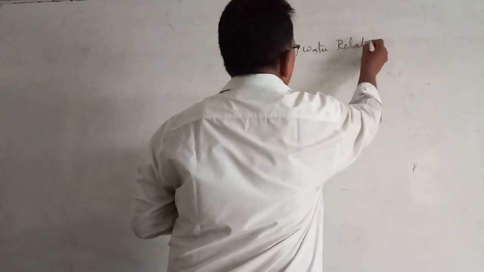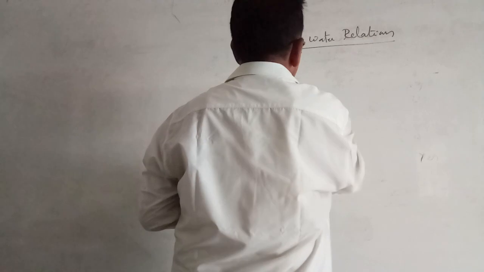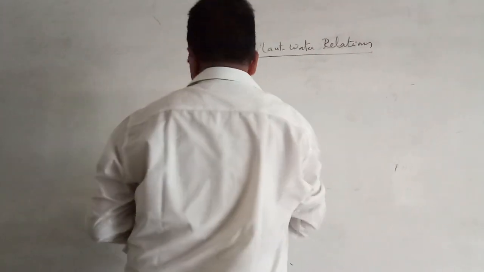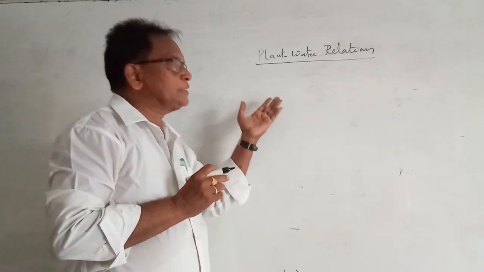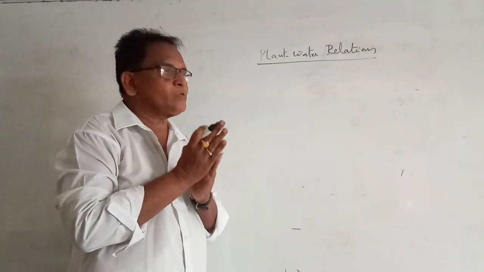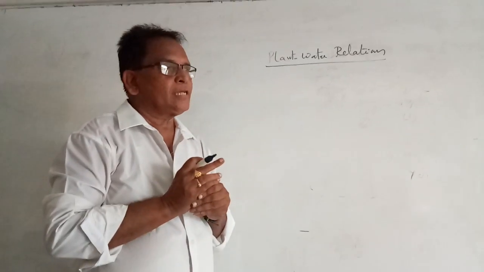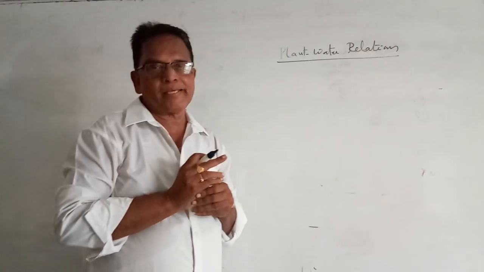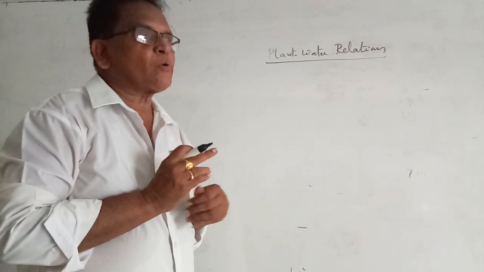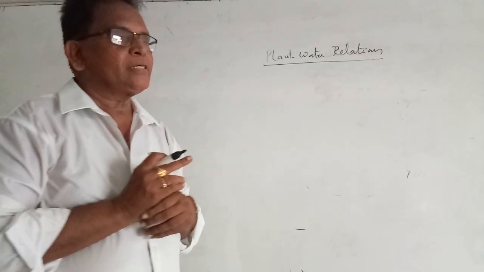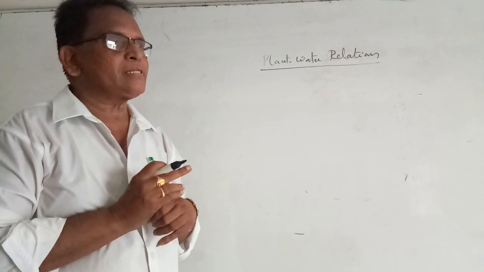Plant water relations. Now the second aspect under this chapter is how water is essential for the plant body. As you all know, plants require water for performing various metabolic activities like photosynthesis, respiration, protein synthesis.